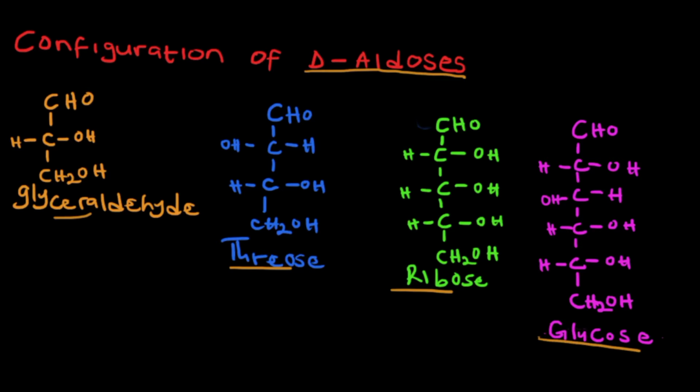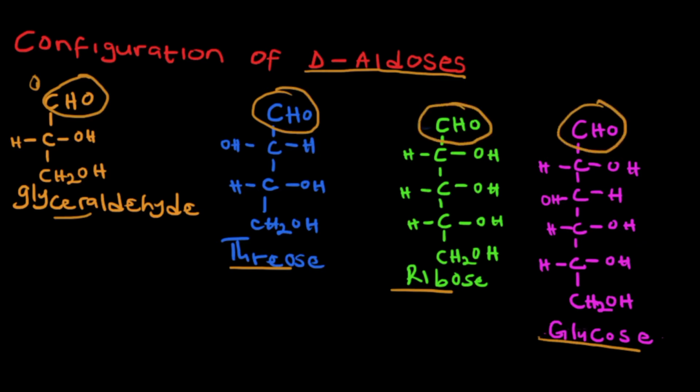The first thing I want us to figure out is that this first carbon is always the same for aldoses. I think we learned this from our previous videos. Aldoses always have this as the first carbon, so the first thing we learn is CHO as the first carbon of all aldoses.